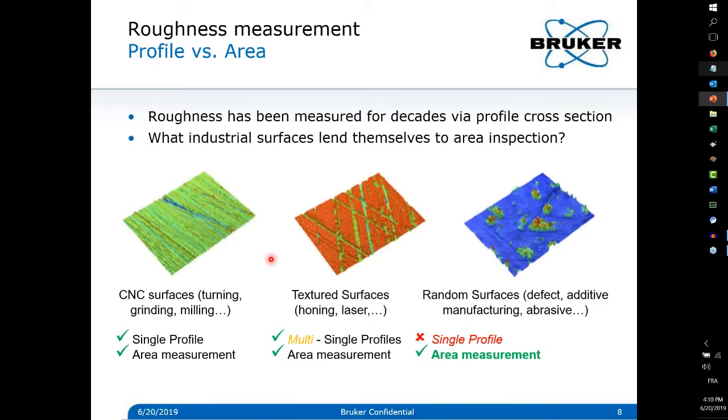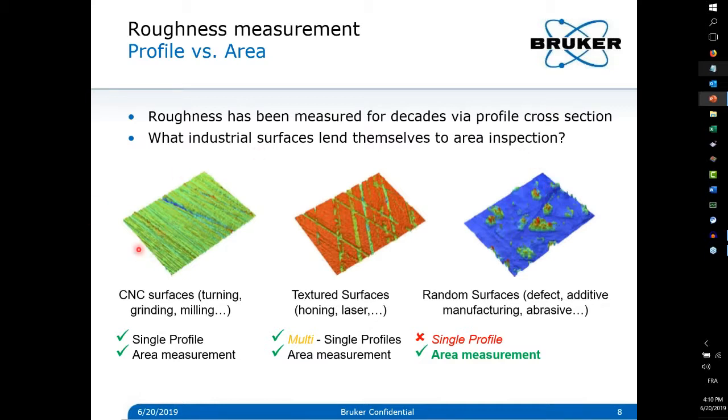So if we go to 3 specific examples, like a CNC turned surface, a textured surface from an engine cylinder, or a more random surface, which could be from additive manufacturing or abrasive papers, we will tend to use different techniques.